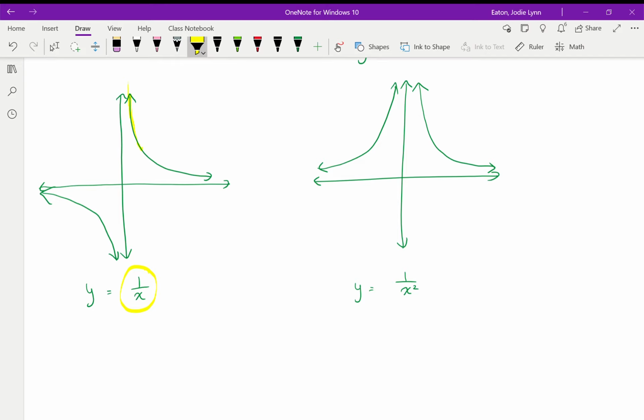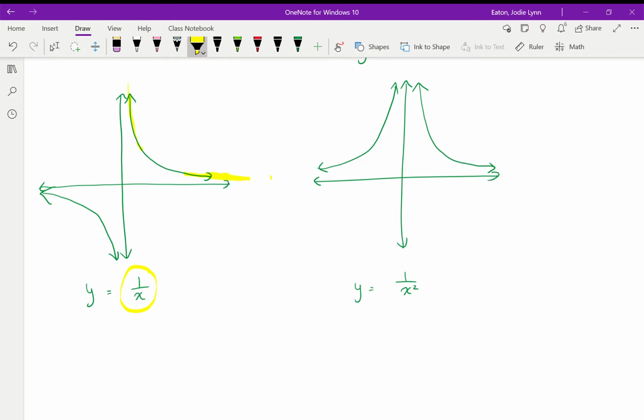If we plug in bigger and bigger numbers and keep walking along the function, that y value is going to get closer and closer to 0. So as we take 1 over progressively bigger numbers, our answers are going to come out closer to 0.